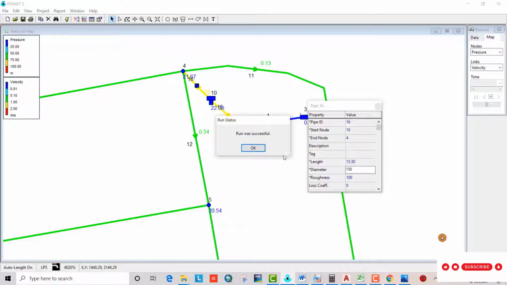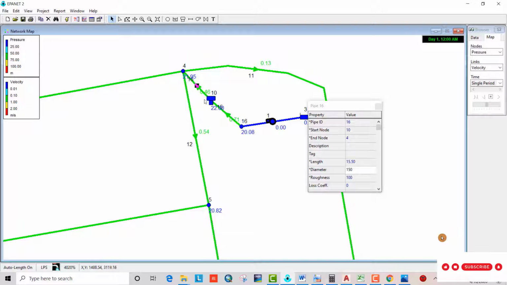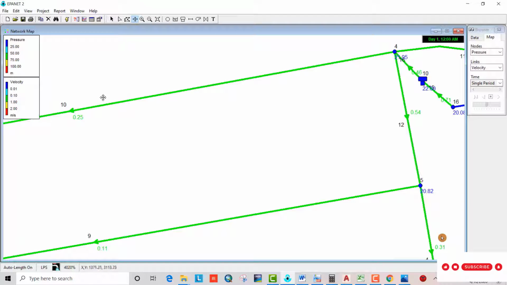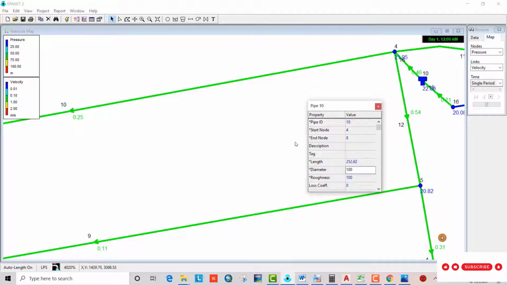Run again. 0.46, it's good. In this way you can change the velocity till you get the limits. This one 0.25. You can change it to 75 millimeter. 0.27. But we have to care about the head.